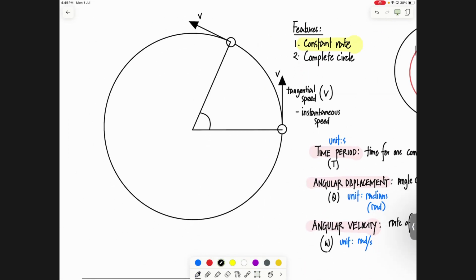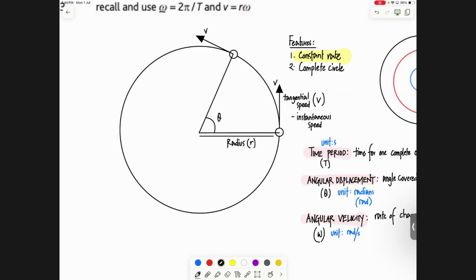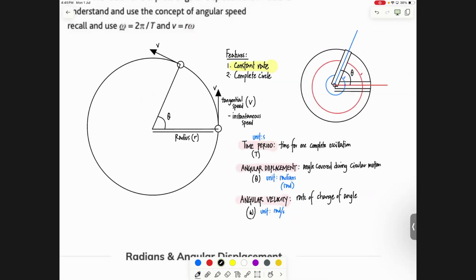But you can't say velocity is the same, because what changed? Direction. This is obviously your radius, r. This is your angle, theta. I think we have covered everything here. So this is the quantification, angular displacement, the right way of saying it.